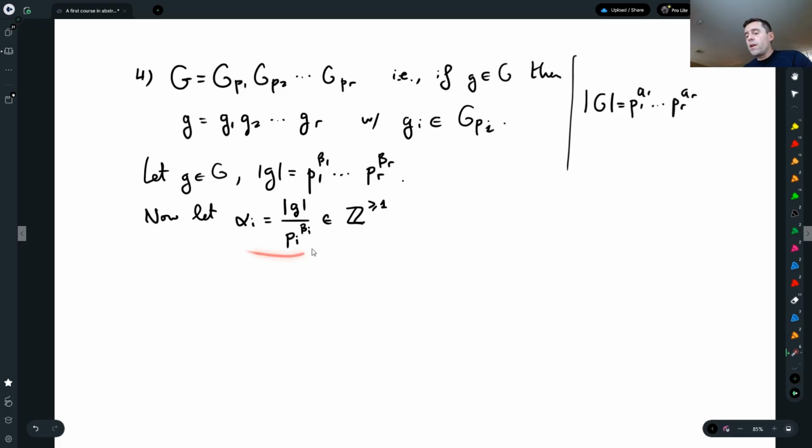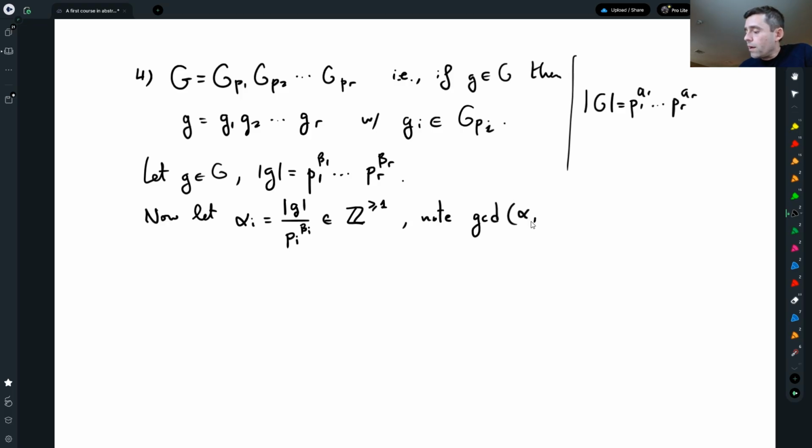Okay, so I have alpha 1 through alpha r. And note that the GCD of those alphas, alpha 1 through alpha r, is 1. Because alpha 1 is not divisible by any power of p1, alpha 2 is not divisible by any power of p2, and alpha 3, and so on. So there is no common factor.